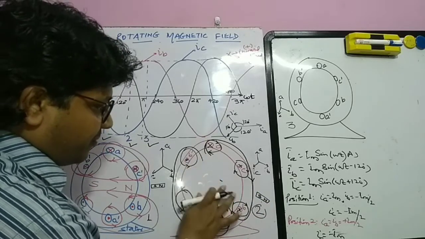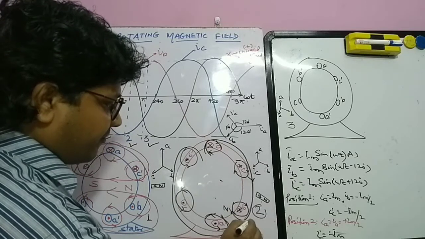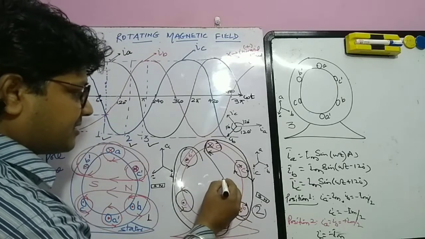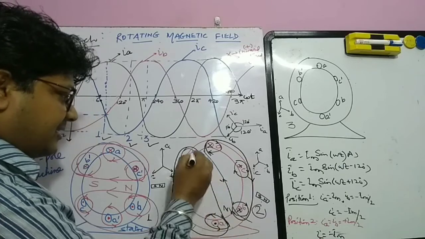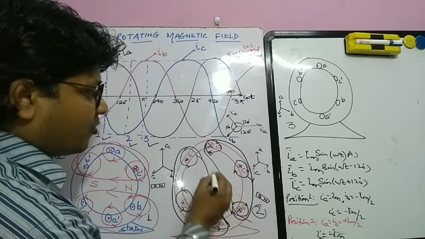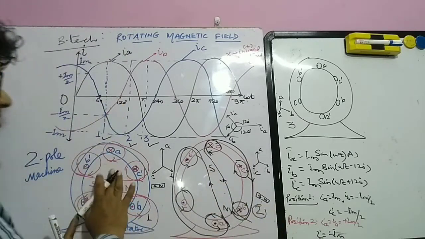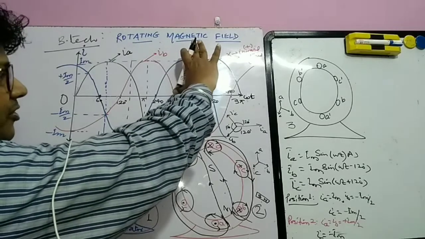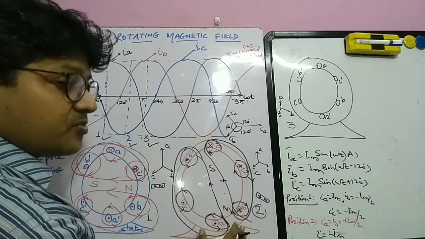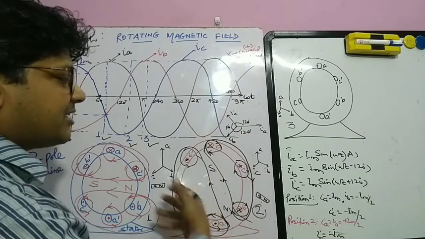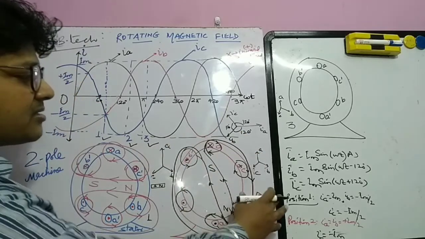We can plot it in a correct manner like this. So there will be a movement of only 60 degree. Here current is moving on the time axis and here it is moving on the graphical axis. It means in space it is moving by 60 degree.